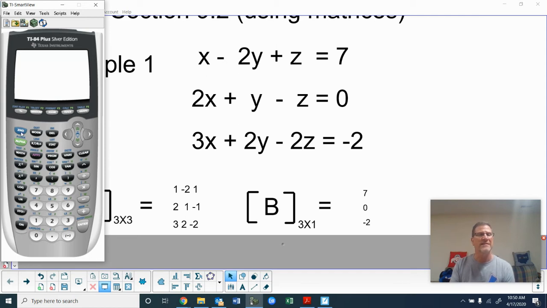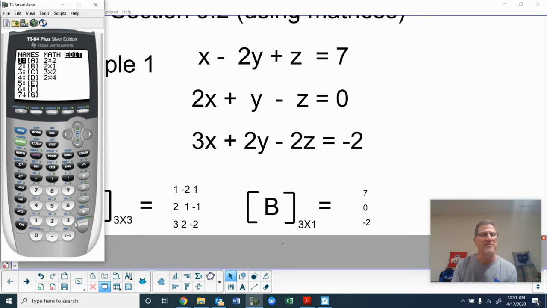So we're going to hit second and that X -1 button, and we're going to get this screen. That's getting us into the matrix. Now, in order to put numbers into a matrix, we have to get to the edit part. I just hit the left arrow key once, and it'll highlight edit. And we're just going to use the first two, A and B, always.